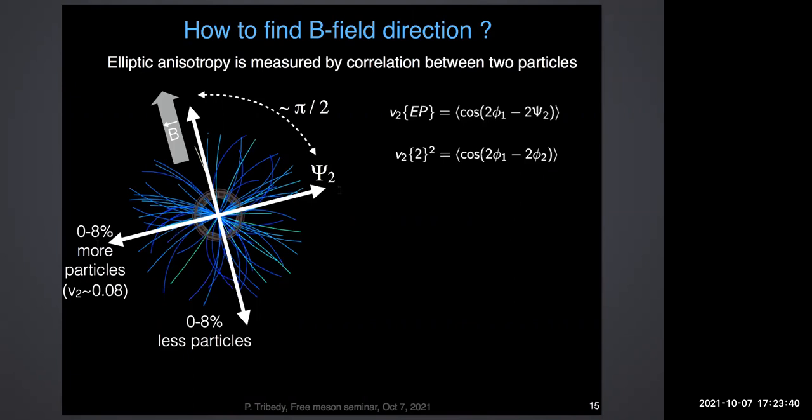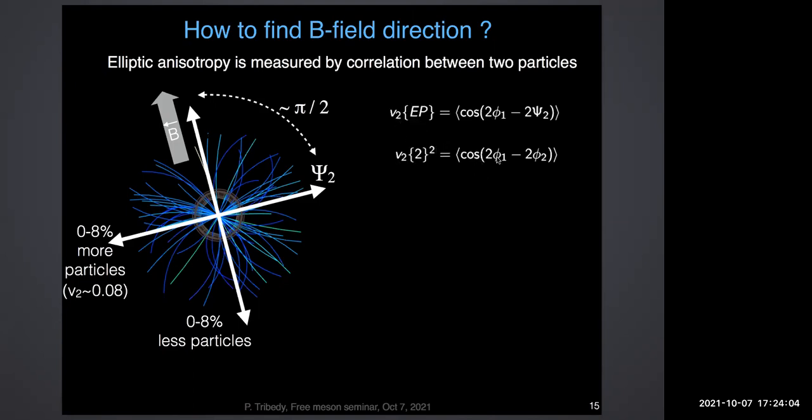One would represent the reference plane, and the other one will measure the anisotropy. So this is the coefficient v2, represented as cos(2φ1 − 2ψ2). So this is the plane of direction of the anisotropy, and this is the angle, and then this whole object is the moment that measures the strength of an anisotropy.